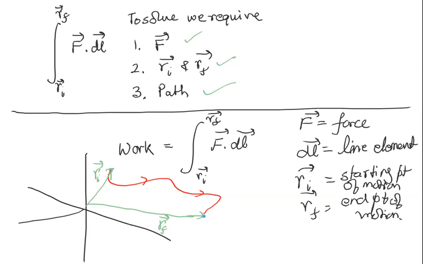In normal integration, when you integrate, you substitute the values of the limits into the expression you got as the answer. But here, Ri and Rf are not for substitution. You don't substitute them anywhere. Eventually you might substitute. I will show you how that ultimately happens. But for now, this is just the starting point and the end point, the final point.